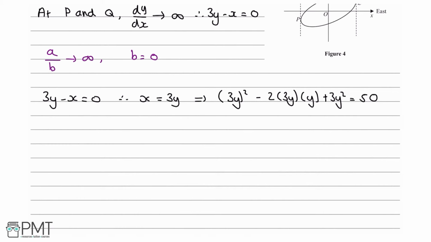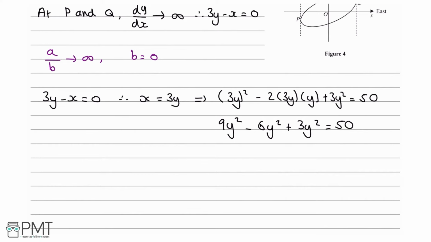So 3y squared is going to be 9y squared, minus 2 times 3y times y, which is minus 6y squared, and then plus 3y squared equals 50. 9 minus 6 is 3, 3 plus 3 is 6.